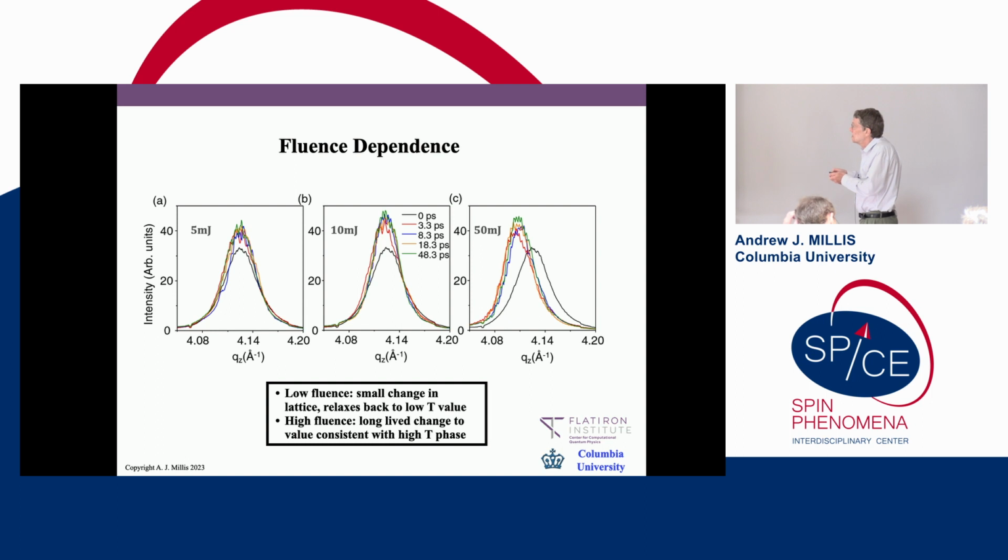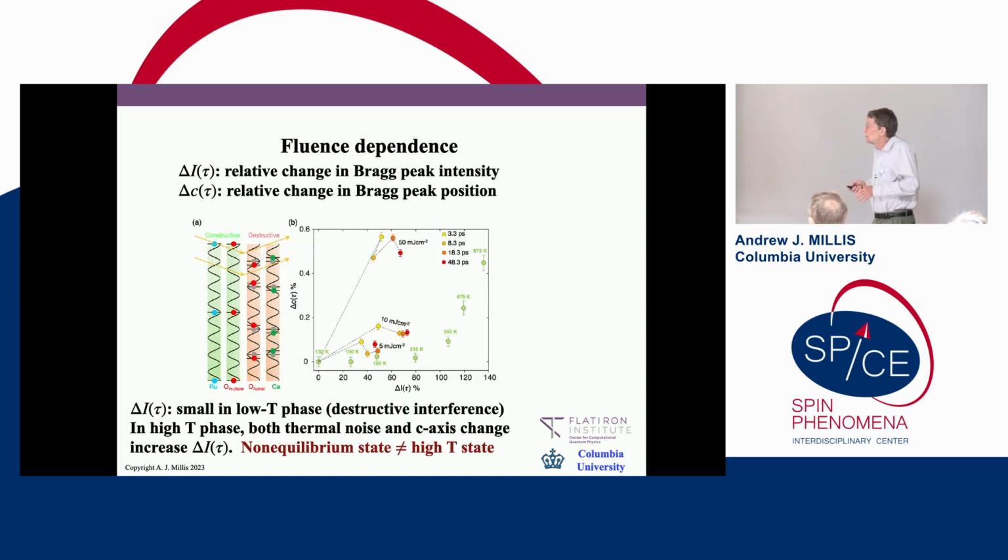You hit it a little harder and you see, although it's a little hard to discern here, a sort of wobbling of the peak. The maximum is here, it gets a little smaller, then it goes back. You hit it harder, it just goes to a new state and stays there, right? So there's a fluence dependence to all these effects. A weak pump doesn't do anything. A strong pump puts it into this long-lived state. Okay, so that's the experimental situation.